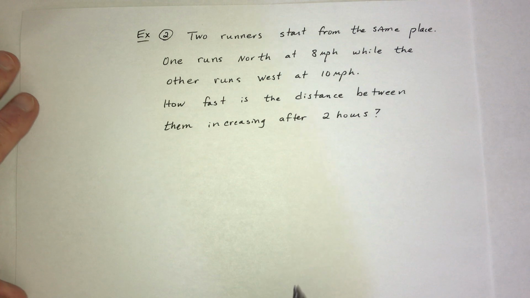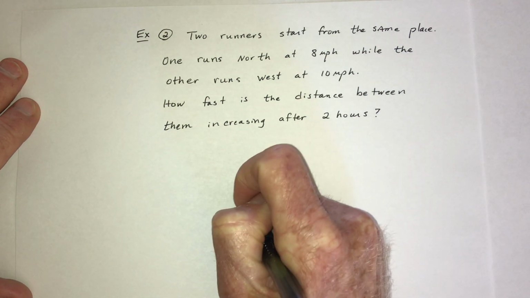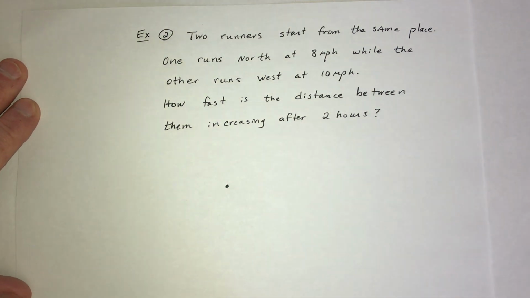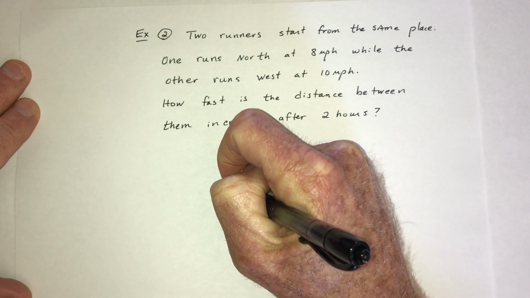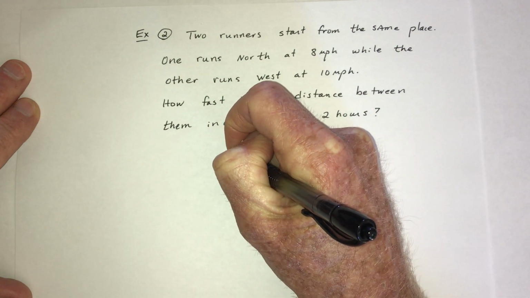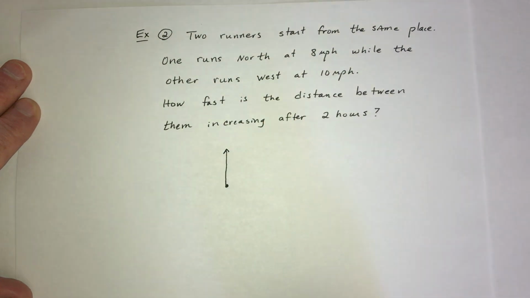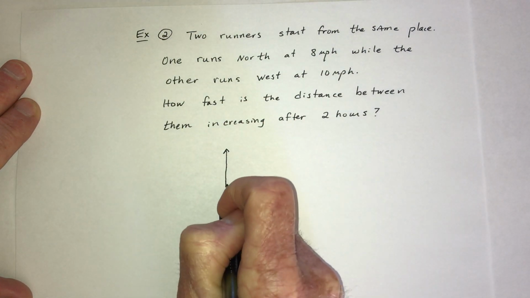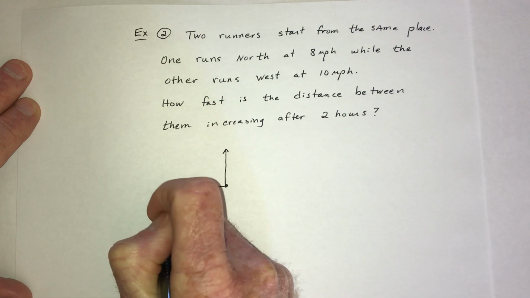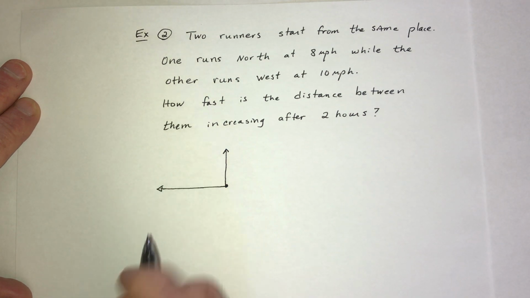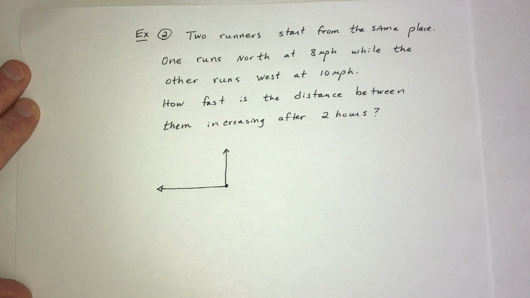So one person is going to run north. So let's say that they're starting from this point right here. There's the parking lot. And then one person starts running north, and the other one goes west. Person going west is a little bit faster, so for their distance, I'll make it a little bit bigger.